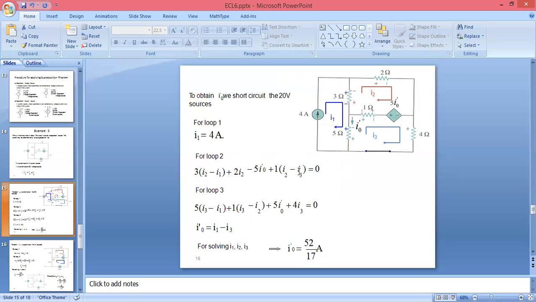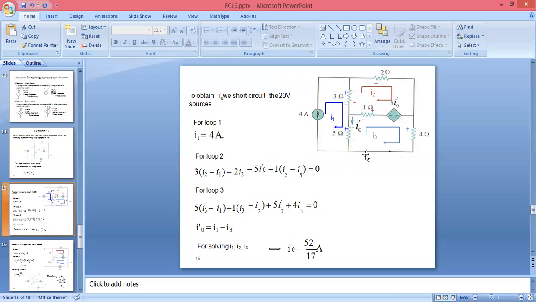That's why we are taking I3 negative. And if you see this 3 ohm, I2 is going from here, but here I1 is in the opposite direction, it is incoming but this is outgoing. So we are taking I2 as positive and I1 as negative. These equations we will get by solving KCL for this loop. So for the first loop there is no need to apply KCL because we have the value of current here.